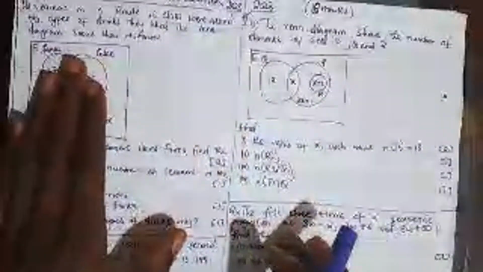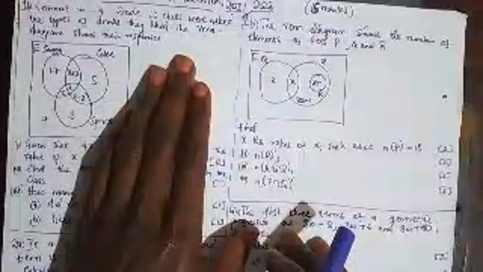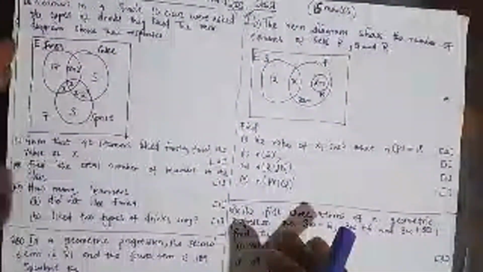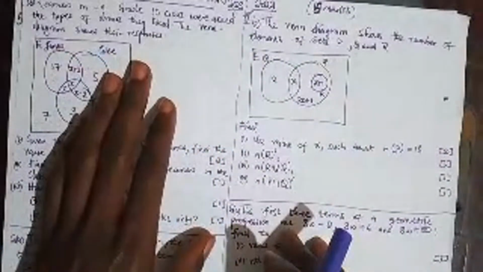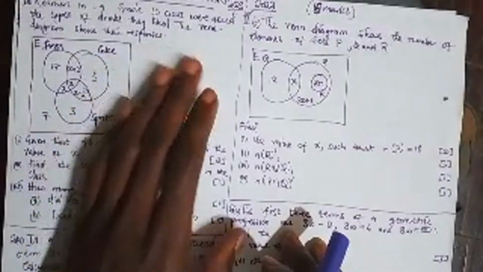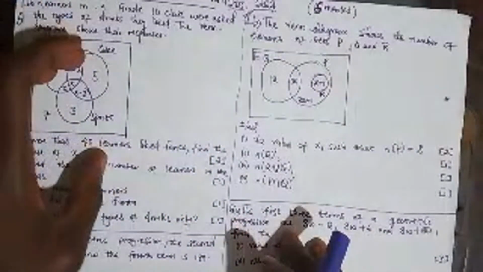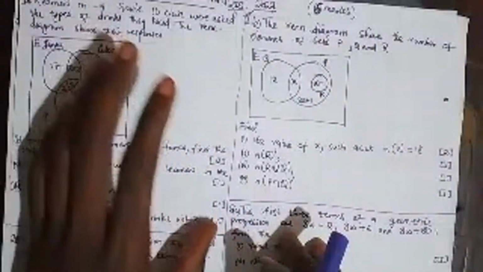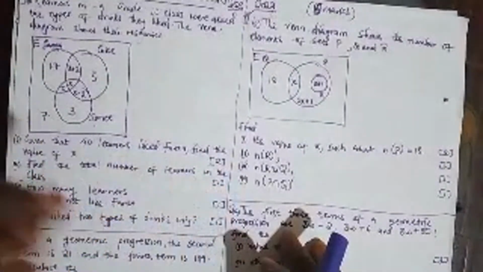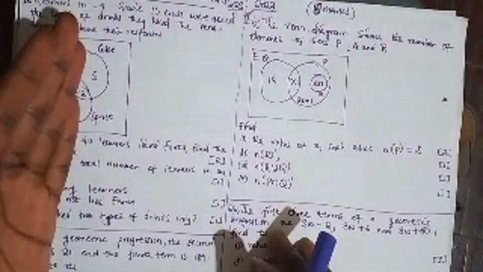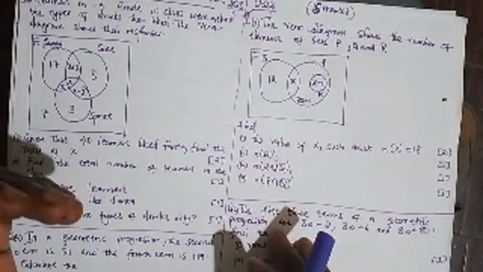So let's start. Learners in grade 10 class were asked the type of drinks they liked. The Venn diagram shows their response. So we have a Venn diagram showing grade 10 students. We have Fanta, we have Coke, and we have Sprite.